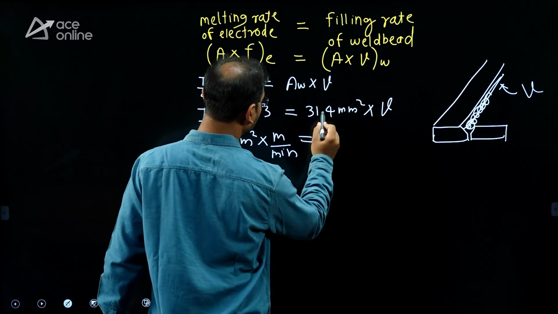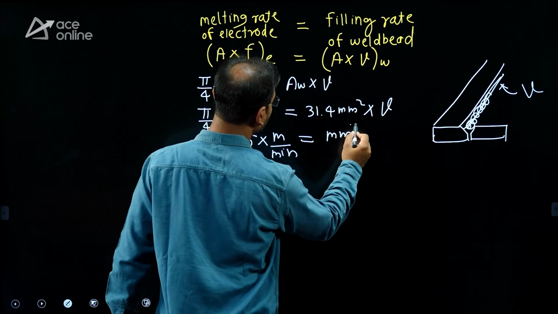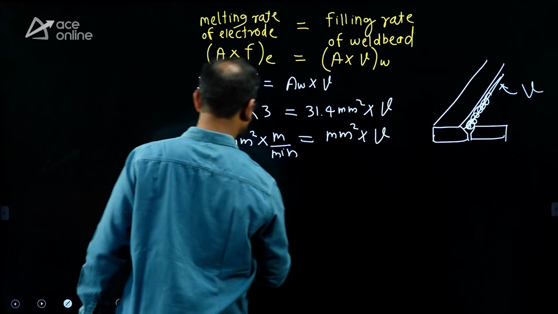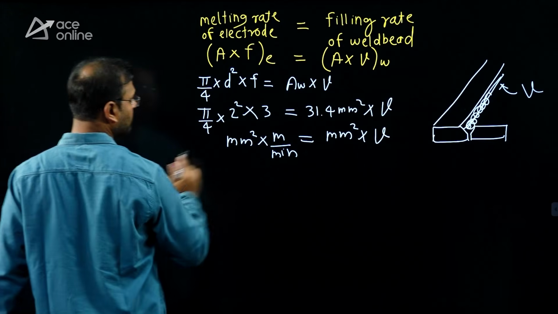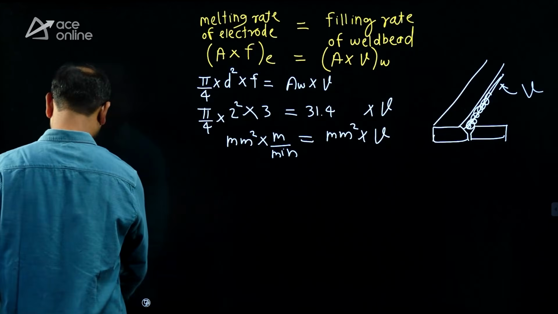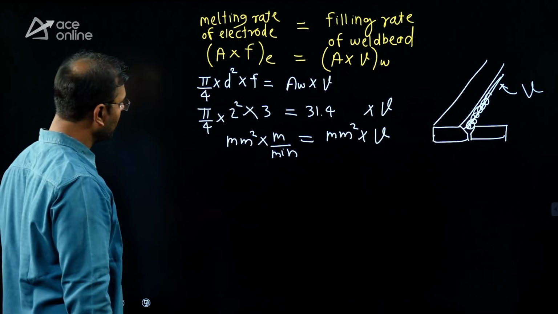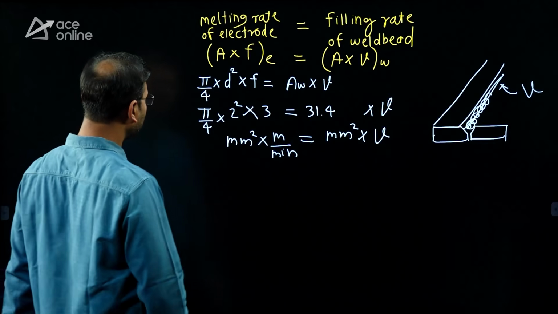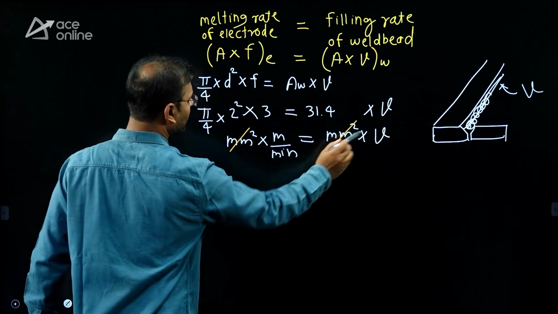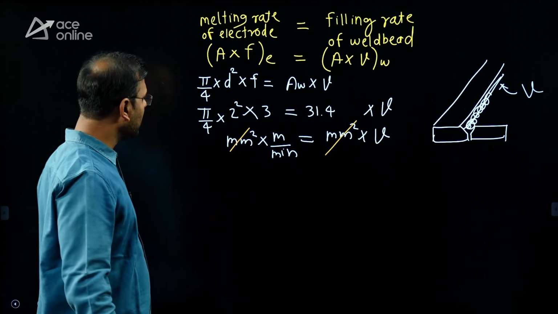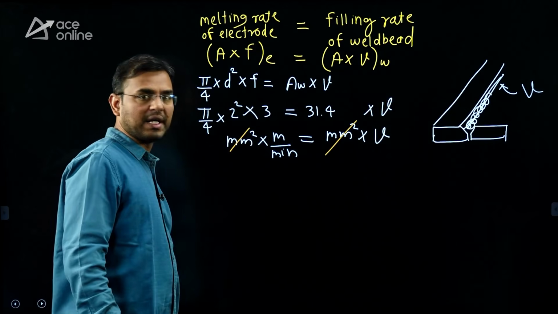Equal to 31.4 millimeter square into the welding speed. Now see here, the millimeter gets cancelled, and we will get the welding speed in meter per minute.